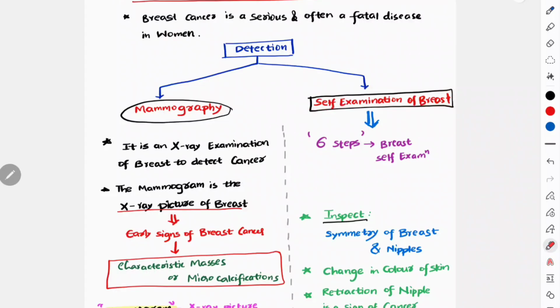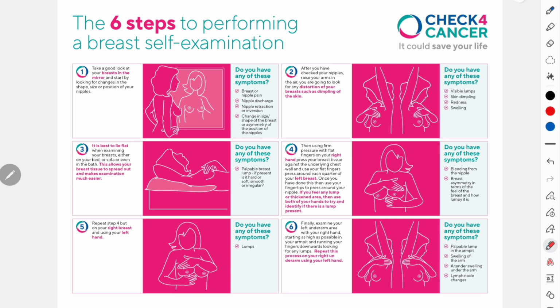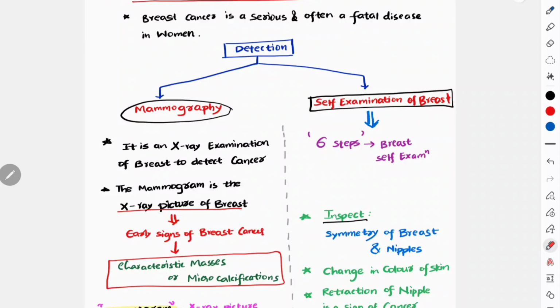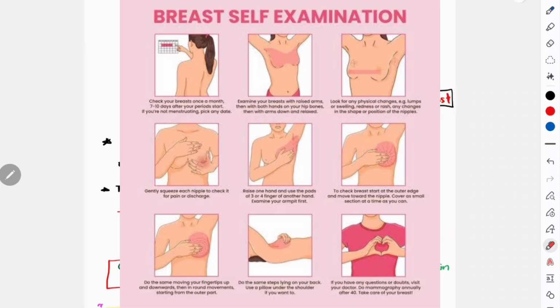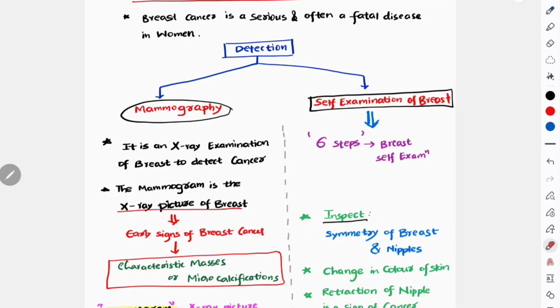Every female has to know this, because if we can detect it early, we can have a good prognosis and a good cure. If it is not noticed by the female, it can go to the last stage of the cancer, and it may be fatal also.